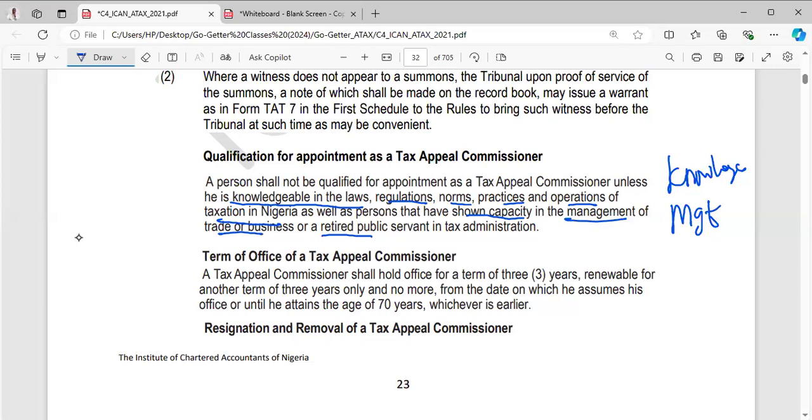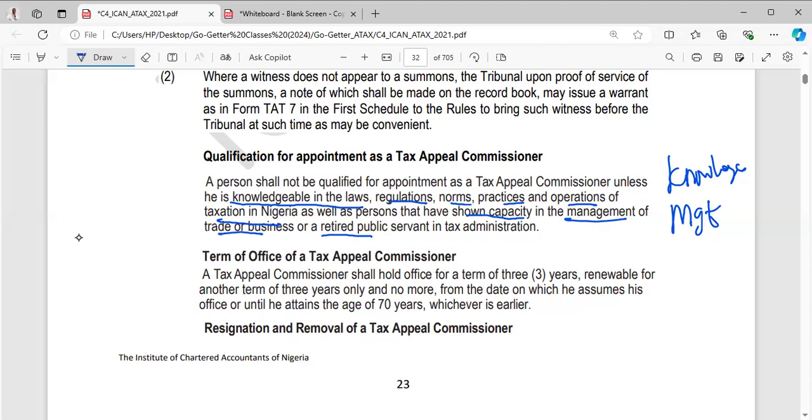So if you are working in an audit firm or a tax firm and you've managed it successfully, you can be called. You may also be a member of the Big Four. You have demonstrated that you can be called. So it means that you must be qualified on paper first.